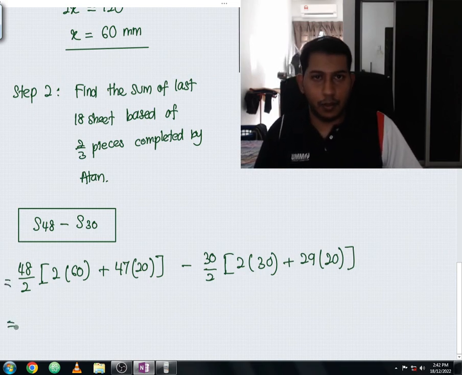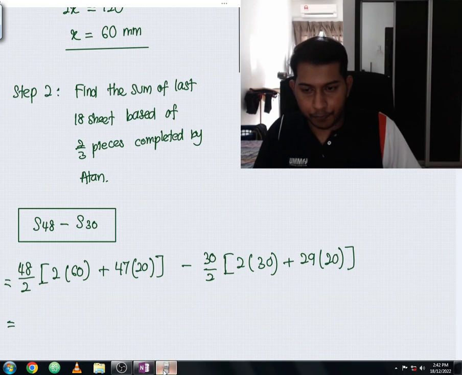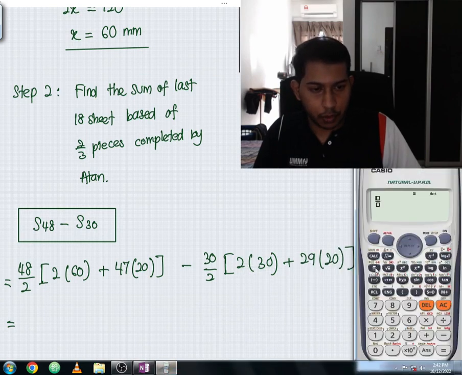Let us solve this one by one. 48 over 2 times 60, close bracket, plus n minus 1, 47, and then your common difference is 20 mm.